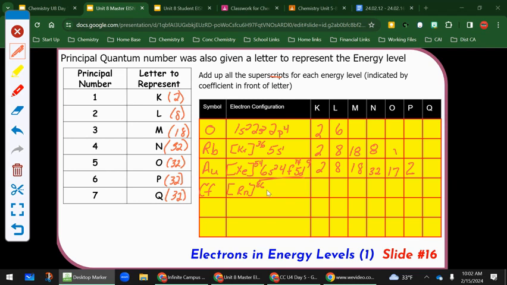So what goes next? From radon, what goes next? 7s2. Everybody sees radon at the end of the sixth period, correct? Cf, for those of you who haven't found it, it's number 98 on the very bottom of our periodic table.